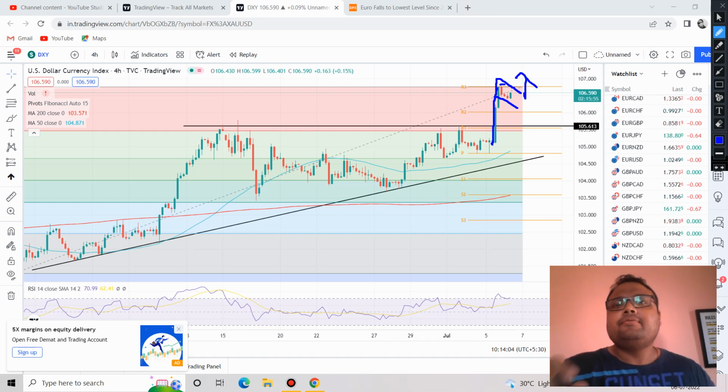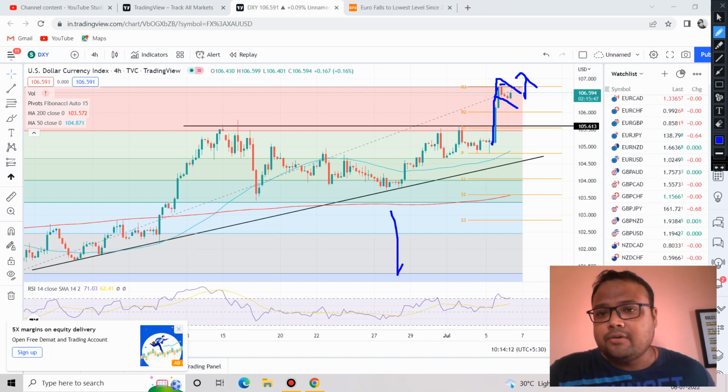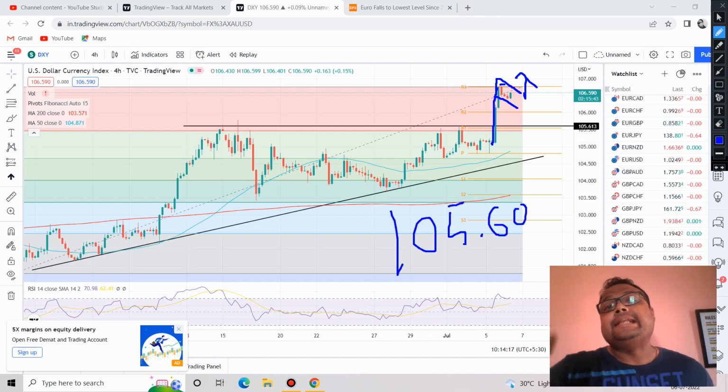And if the US dollar shows some sort of correction, then obviously the previous resistance of 105.60 will now be acting as a new support for the market. Clear?